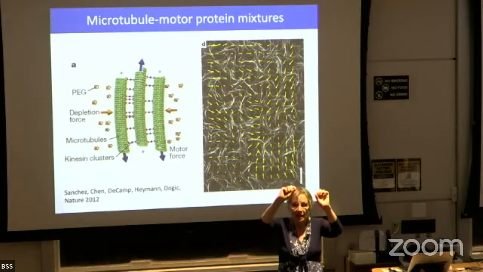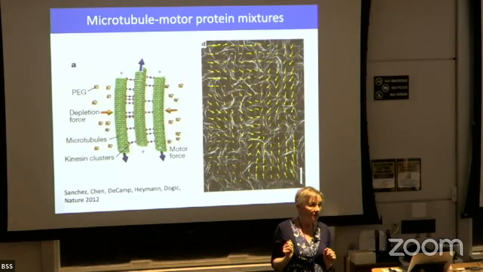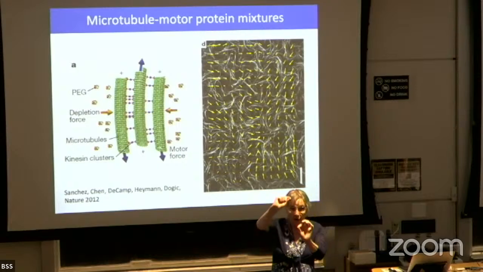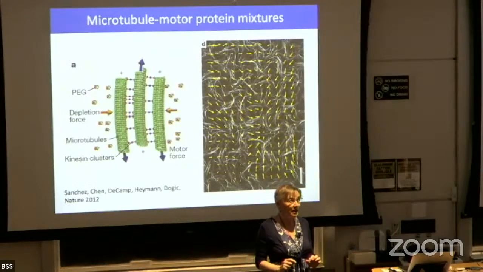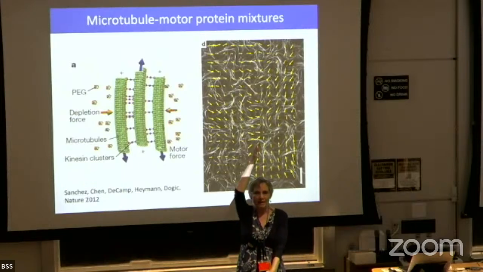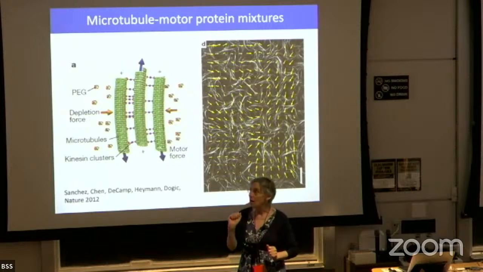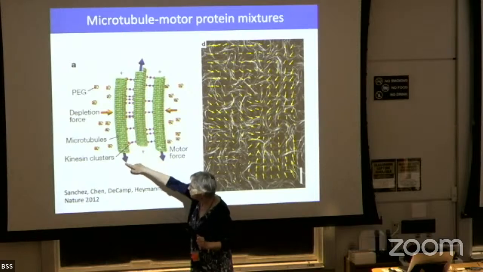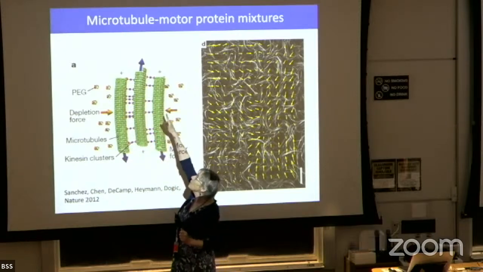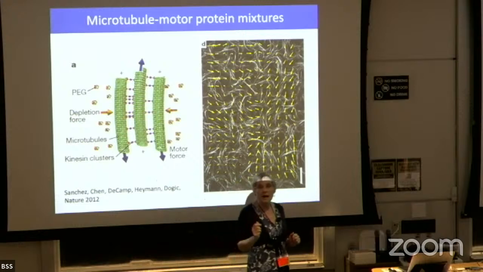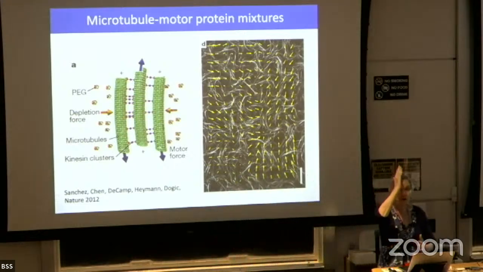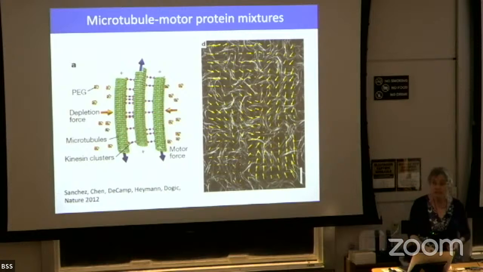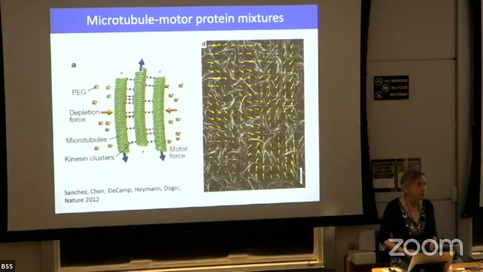So if they all walk in the same direction, nothing happens. But if the two heads are walking in different directions on the microtubules, they push them like this relative to each other, and the whole system gets stirred up. And if you look at it, right, say this one's being pushed down, this one's being pushed up, and so you're seeing a dipolar force which is characteristic of these active systems, which you saw a lot in Kirsty's lectures.